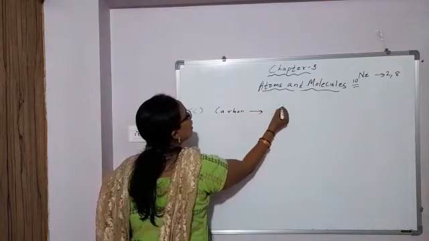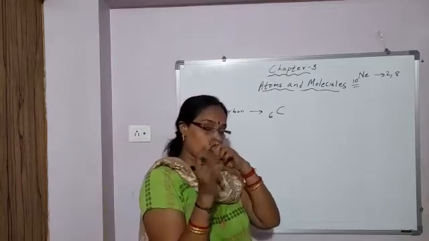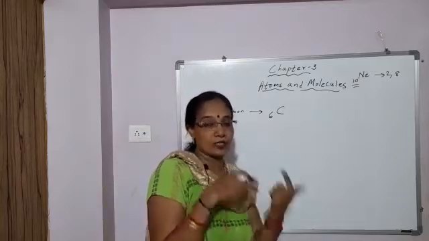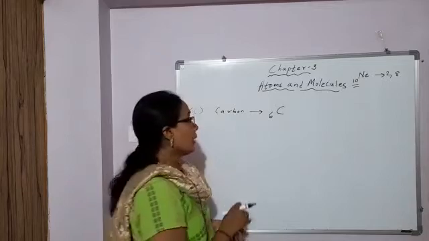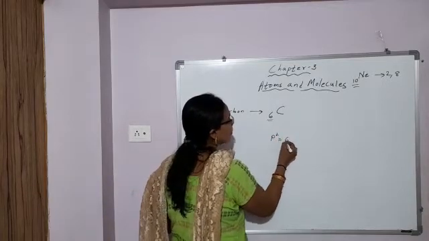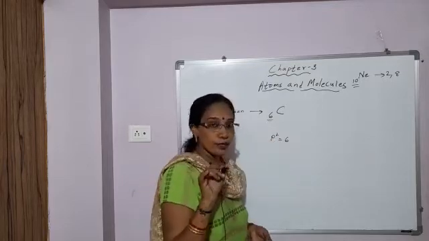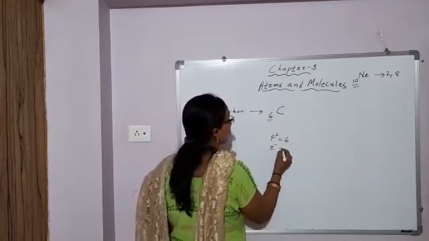What is the symbol of carbon? C. Atomic number is 6. Symbol, atomic number, atomic mass I discussed in the last period. Atomic number is equal to number of protons. So protons are also 6. Atom is neutral, so number of protons is equal to number of electrons.